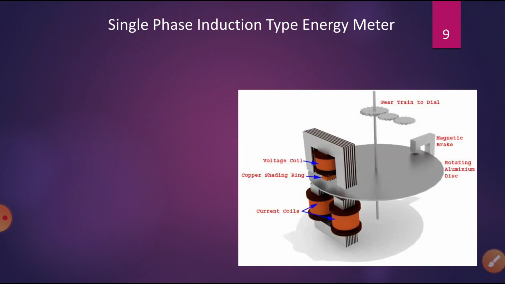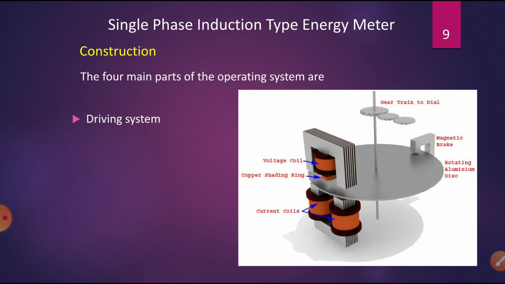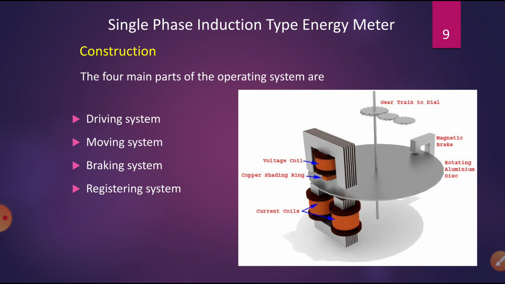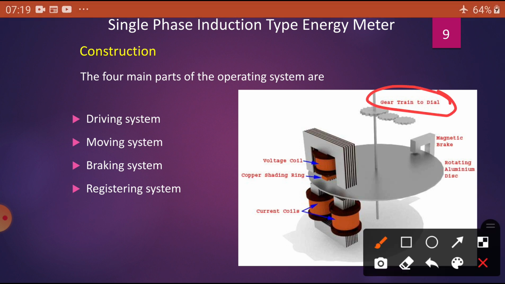Now you can see this is a fully open system, where it has the driving system, moving system, braking system and registering system. Here is the resistor system. There is a braking system using the magnets, the brake magnet.